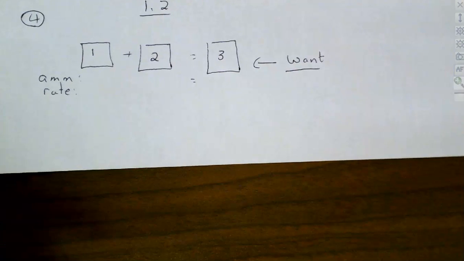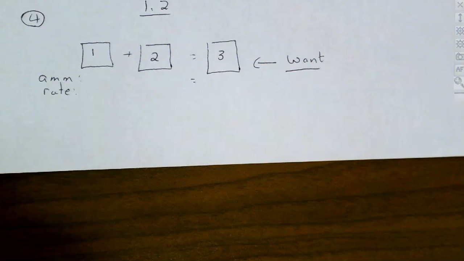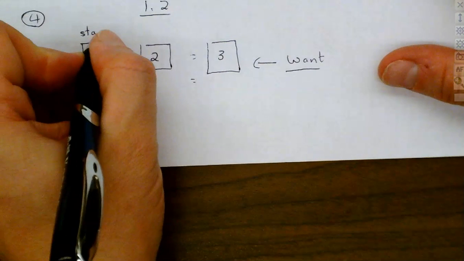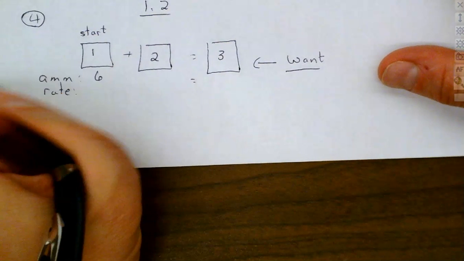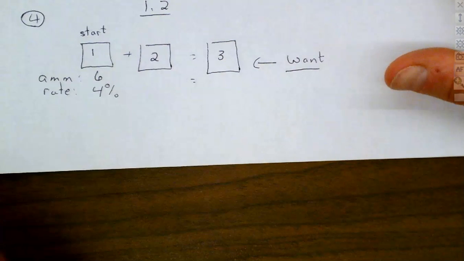So let's see what we've got. We read it again. In a chemistry class, 6 liters of a 4% solution. All right, so 6 liters of that 4%, that's what we start with. So 6 liters of the 4% is going to go here. So 6 goes there for the amount, 4% goes below.